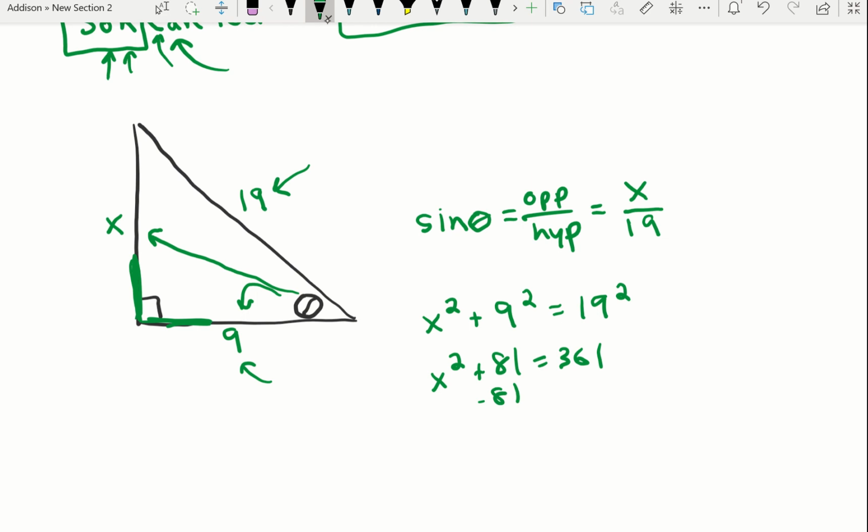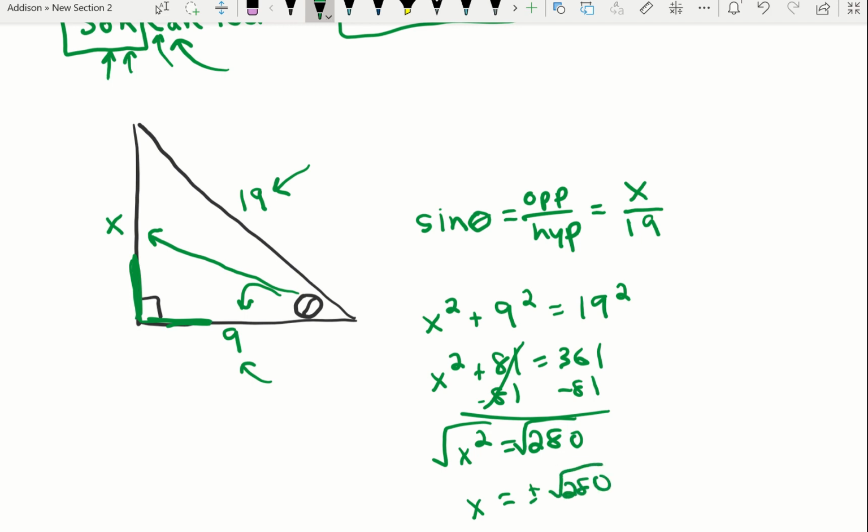We could subtract 81 from both sides. We're left with x squared equaling 280. Then we want to get rid of the squaring, so we square root both sides, and we're left with x equaling plus or minus the square root of 280.